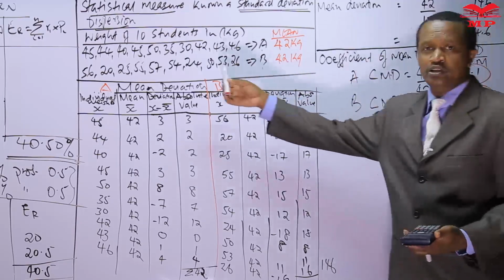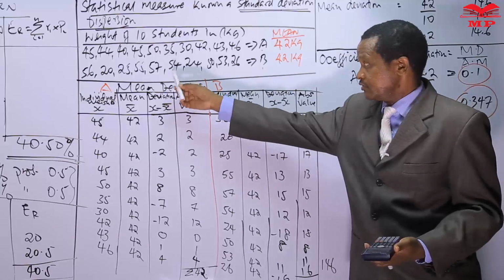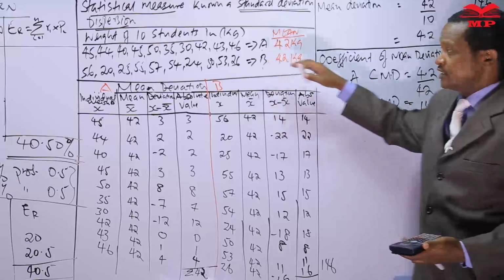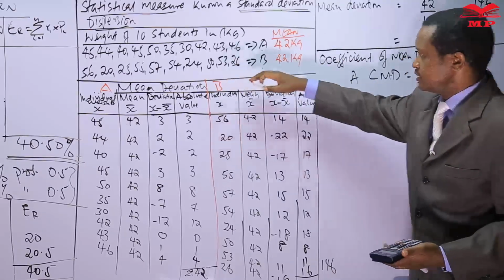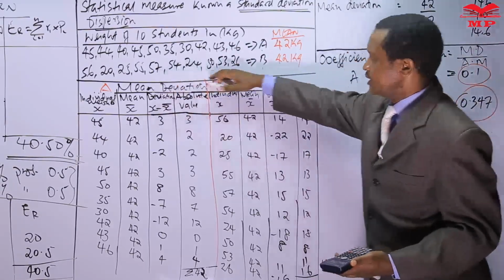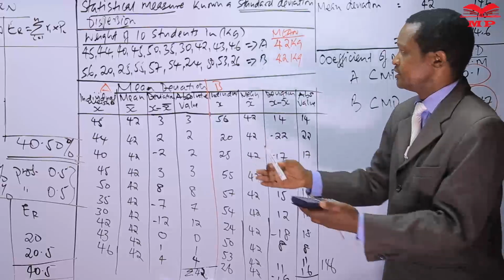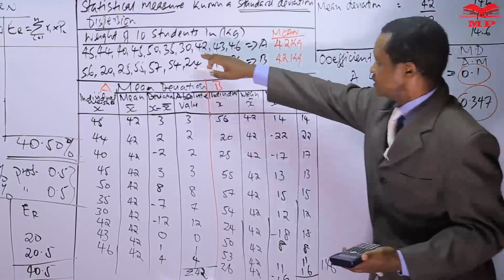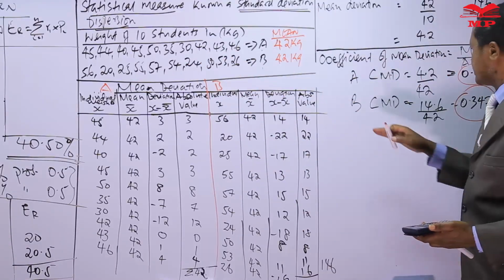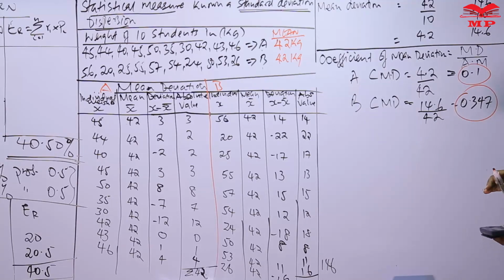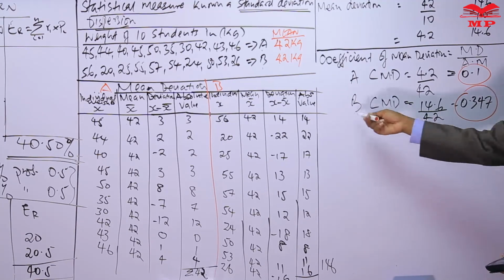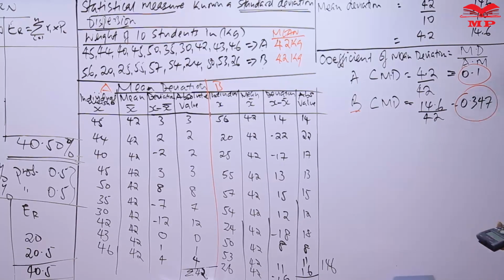As I showed you earlier, even by observing the data without calculating, you should be able to tell that these values are more widely dispersed than the other data. But the calculation reveals it here, because class B has a higher coefficient of mean deviation.